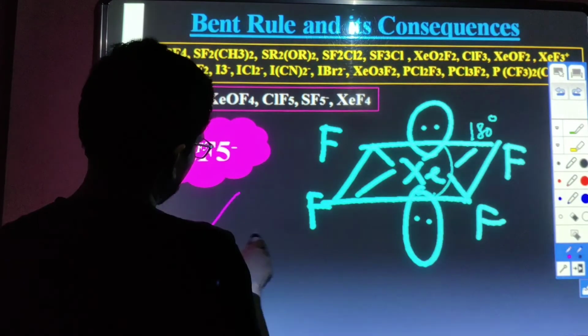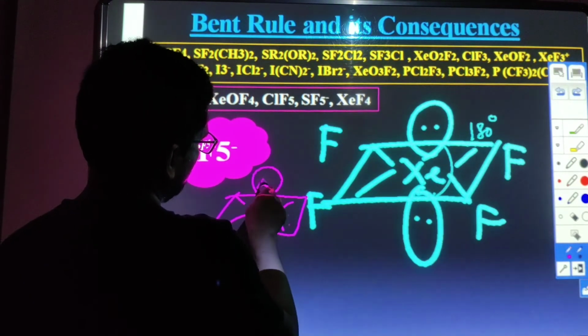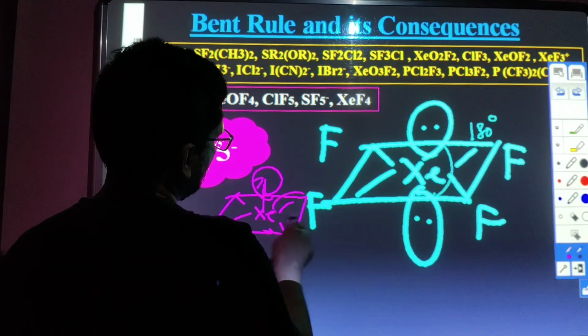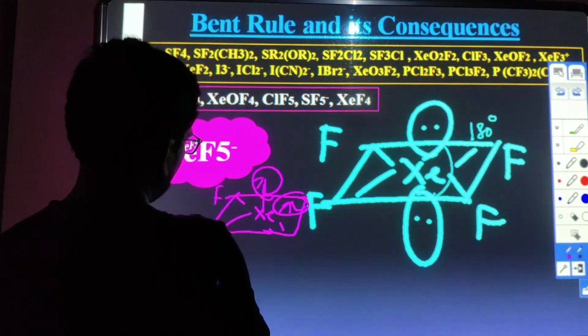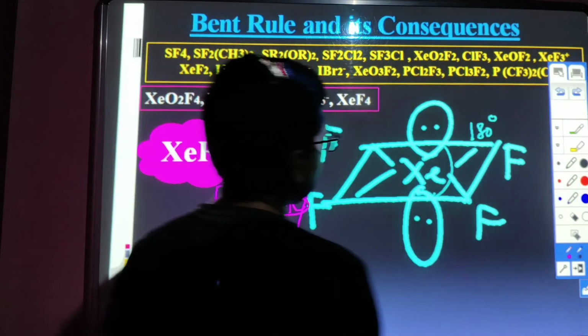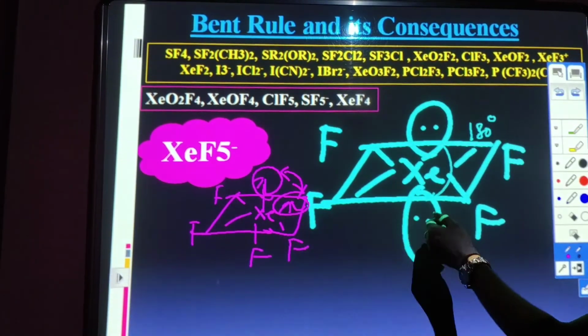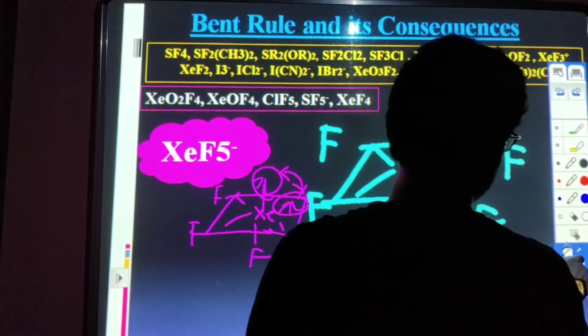Don't put the lone pair here and here. That won't be correct because lone pair repulsion is very significant and makes the molecule unstable. Done.